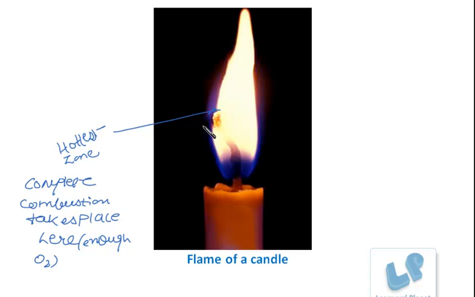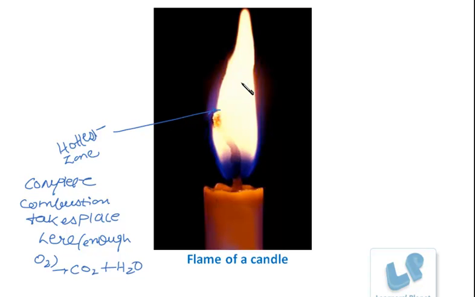So complete combustion is taking place, and that is why it is giving a blue flame here. Right? That is the complete conversion of organic compound into carbon dioxide and water. And it is emitting less light. See your gas flame, that is also blue in color because there the complete combustion takes place.